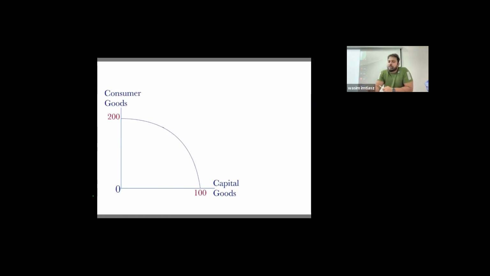What is the opportunity cost of producing 200 consumer goods? 100 capital goods. What is opportunity cost? The next best alternative when you're selecting the best alternative. When you're producing 200, you're not producing 100. When you're producing 100, you're not producing 200. So what you don't produce, that is the opportunity cost. Did you all understand?